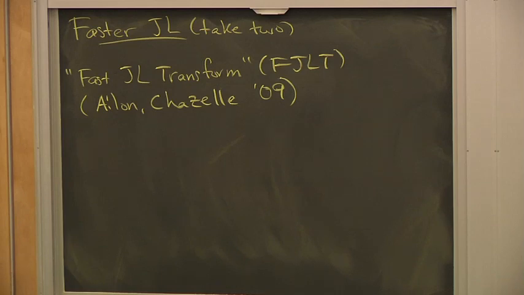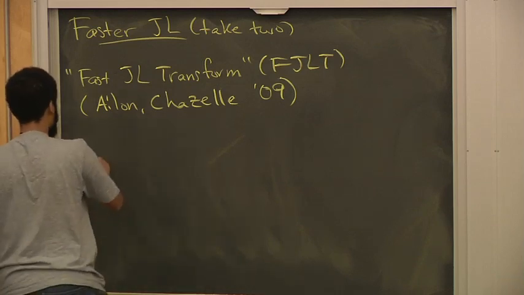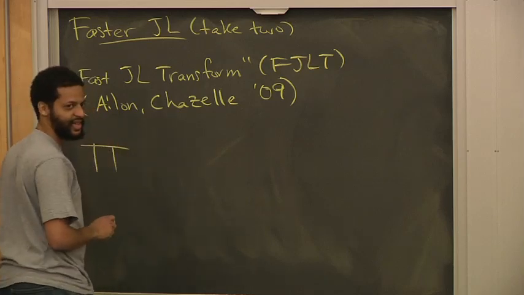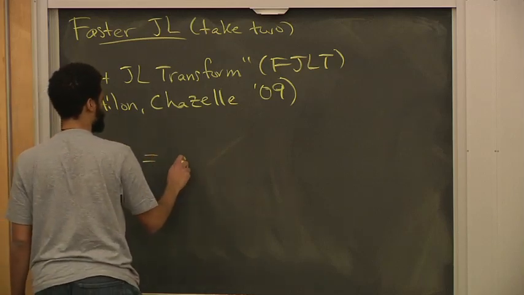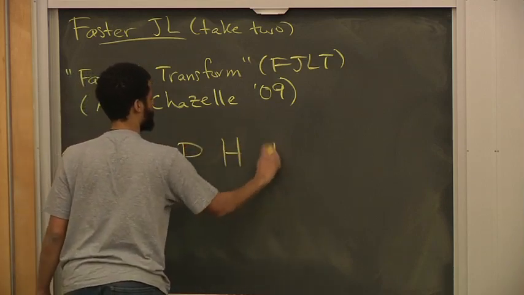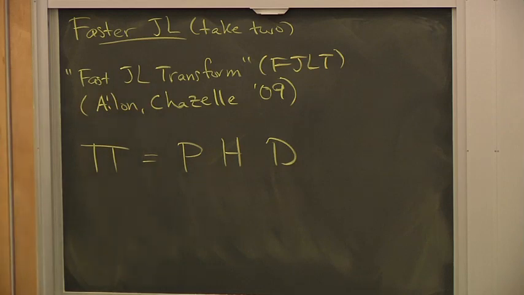Okay. So what's their matrix? I'm going to use the letters in their paper. Pi is going to be equal to the product of three matrices, PHD. This was in, I think, Ailon's PhD thesis, so he called it PHD.